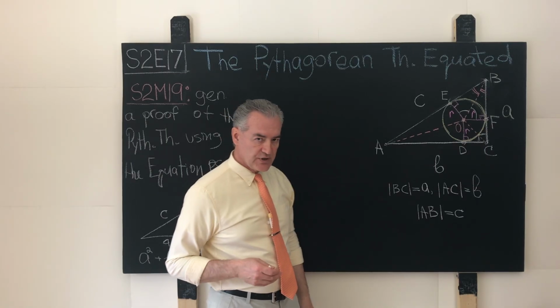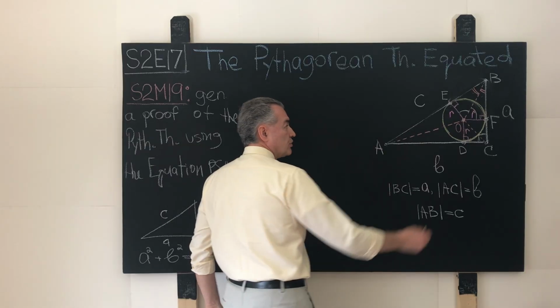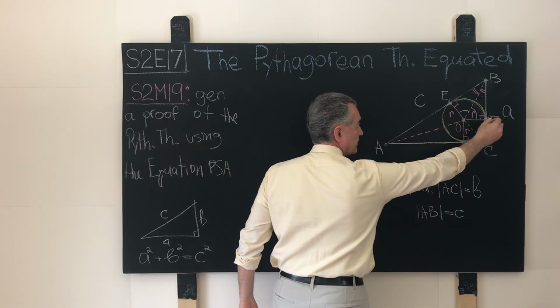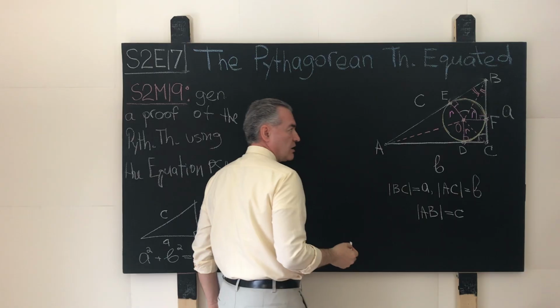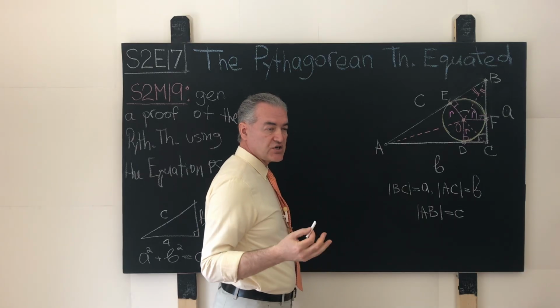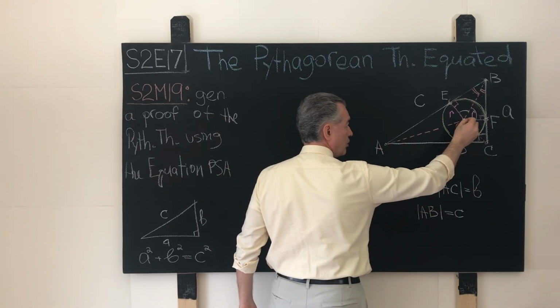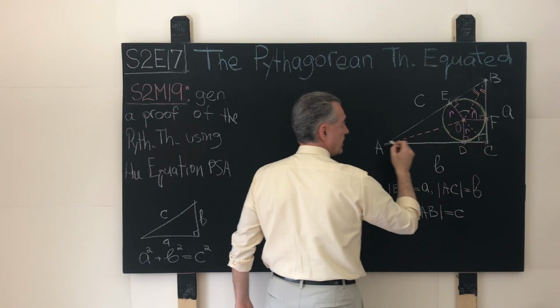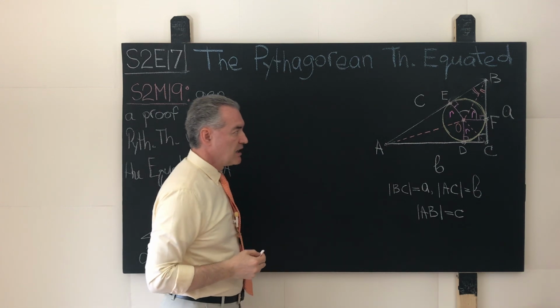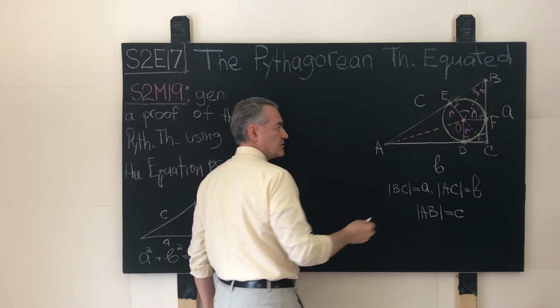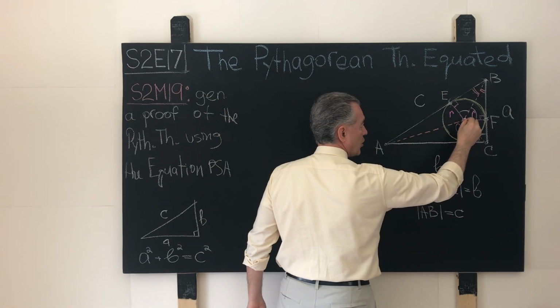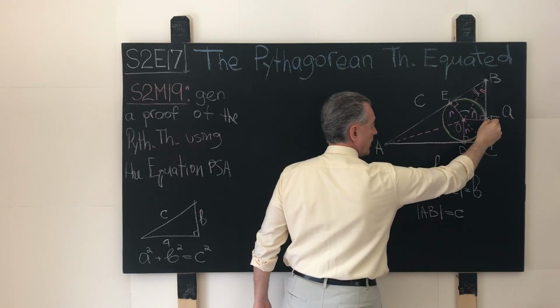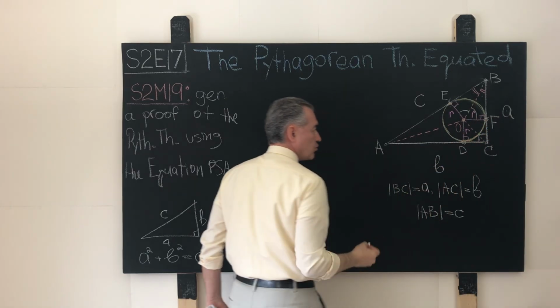That means, in a slightly more technical language, that the points E, F, and D are the orthogonal projections of the point O on the sides AB, BC, and CA correspondingly. That means that the lengths of the line segments OE, OF, and OD are one and the same.